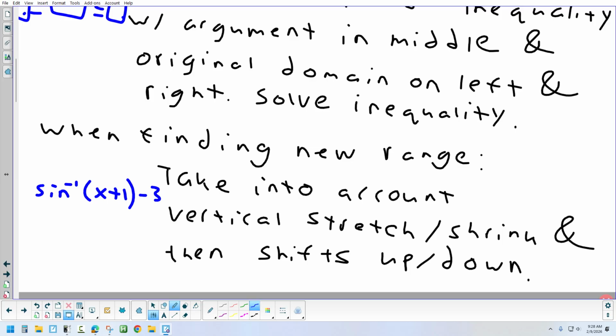What's the original range of inverse sine? How high and low does inverse sine go? If you don't remember how high and low the inverse goes, think of how far left and right the domain of the original goes. Yep. Negative pi over 2 to pi over 2. Right. That's your original domain.